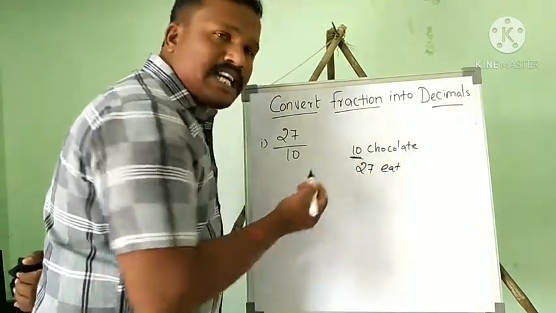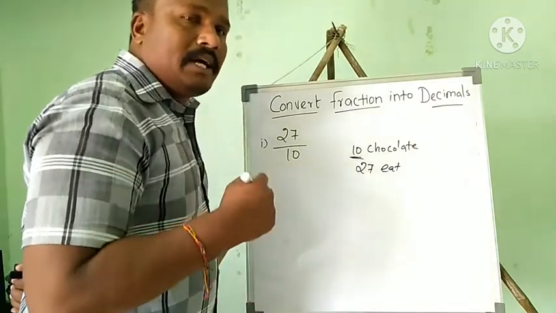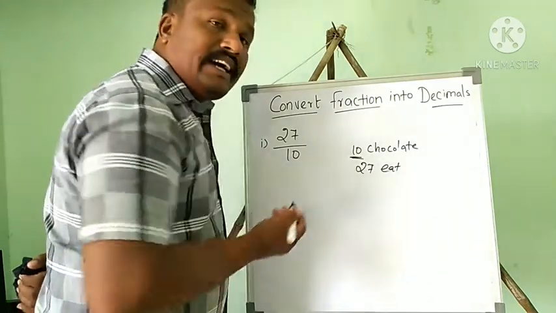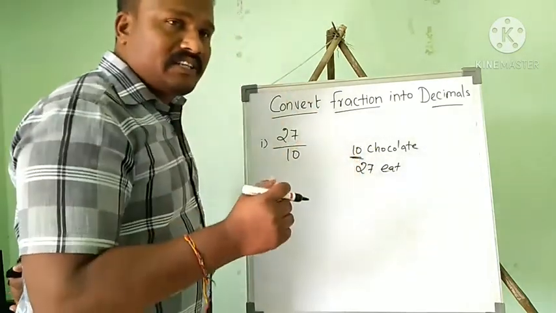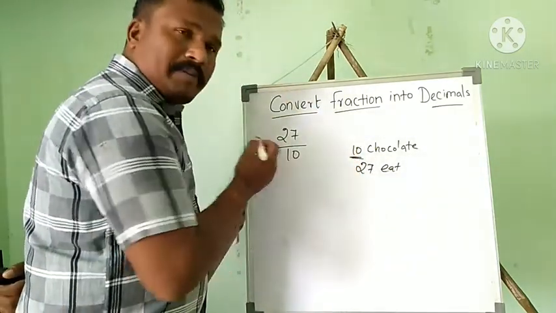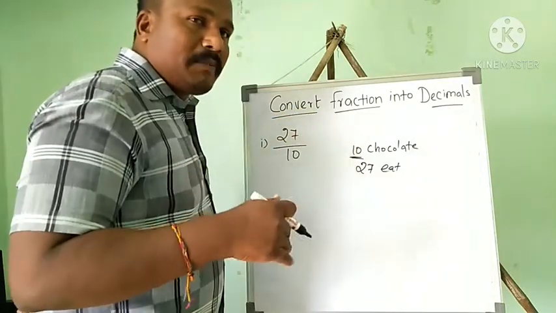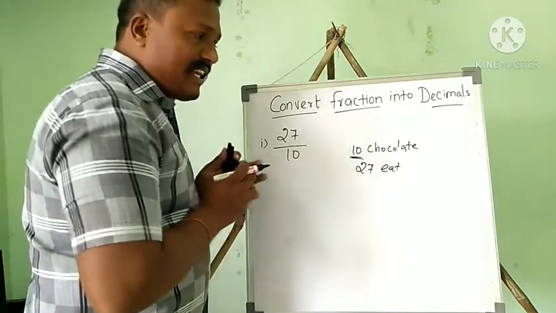Because he has only 10 chocolates. He can eat 10 or 9 or 8 maybe, but he cannot eat 11 chocolates, yet he ate 27. This is the meaning: 10 means the whole, and 27 is the part of the whole. So it's an improper fraction. We can say it like this.